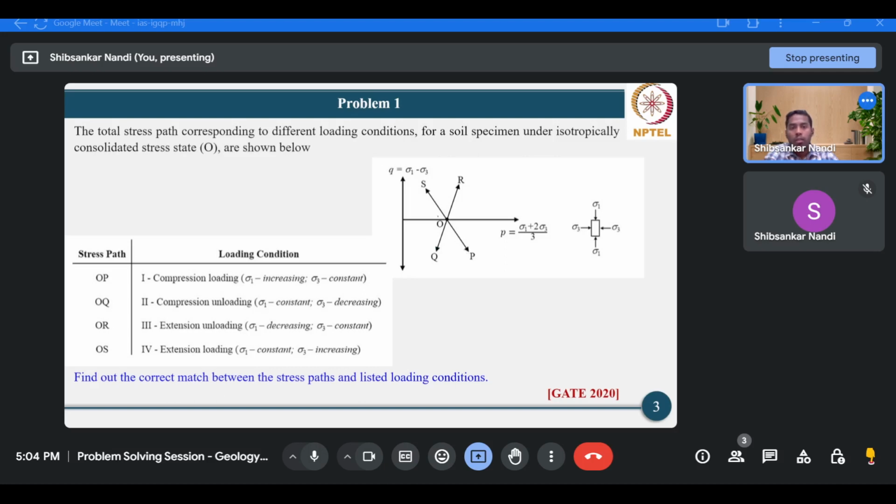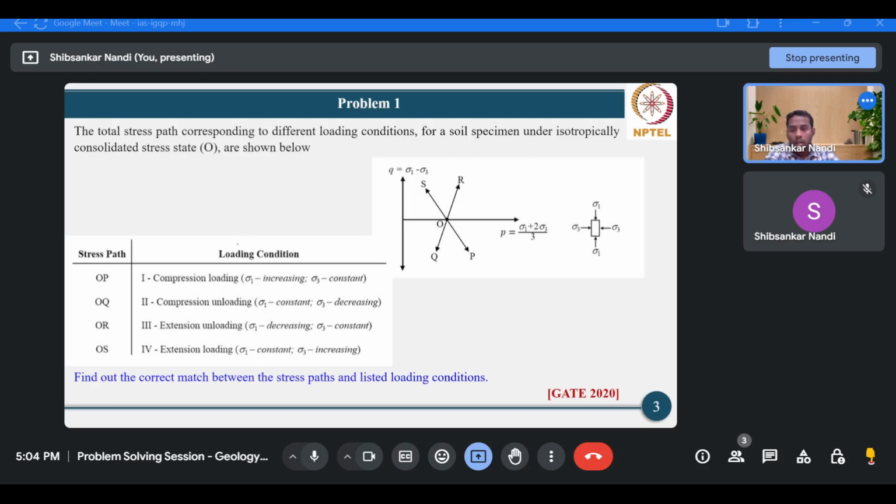Now this stress path is plotted in Q versus P plot. We'll see what is Q and what is P. This is the state of stress of the soil sample. Sigma 3 is the confining pressure or the minor principal stress, and sigma 1 is the vertical stress, axial stress, or the major principal stress.